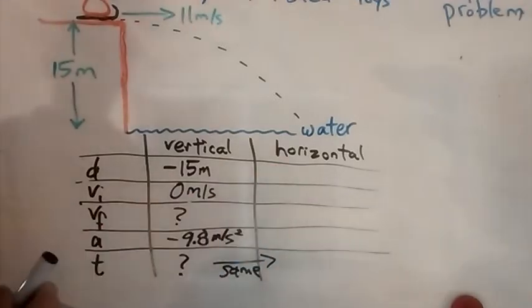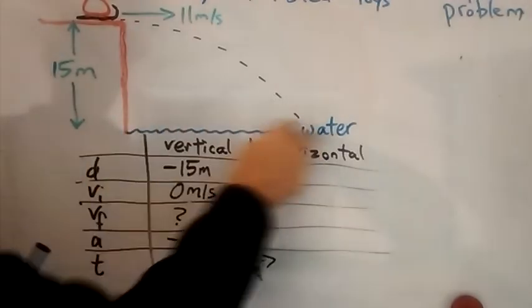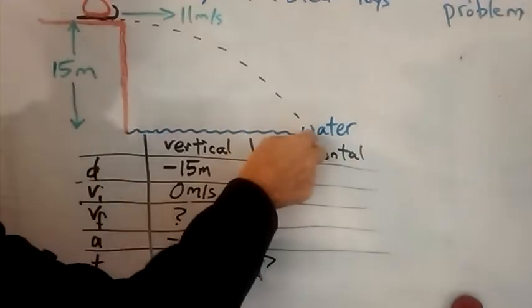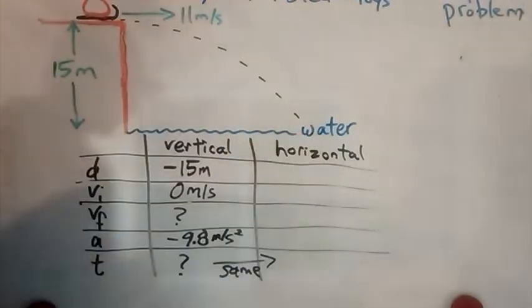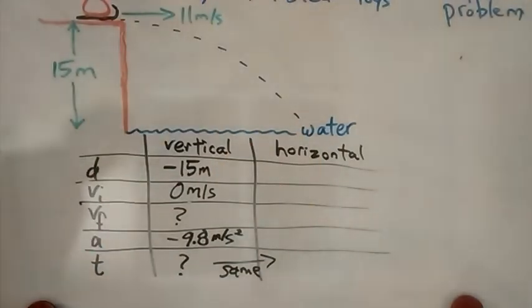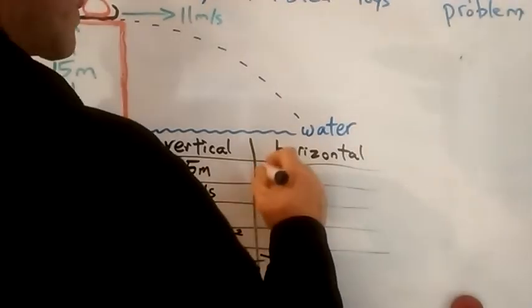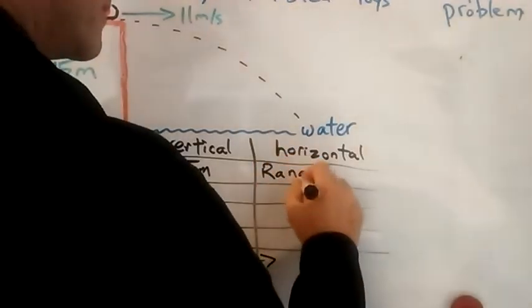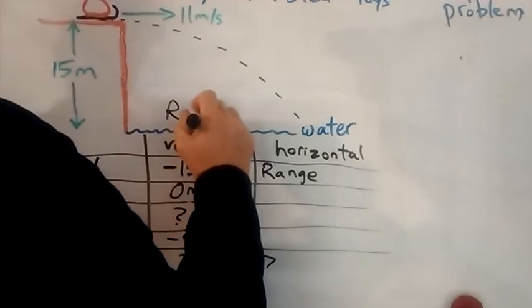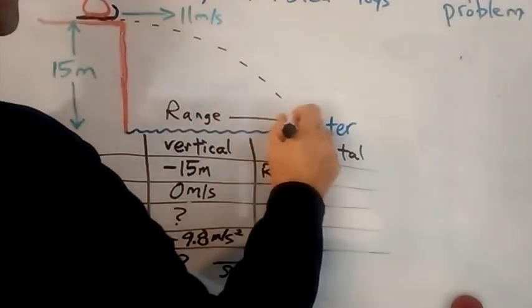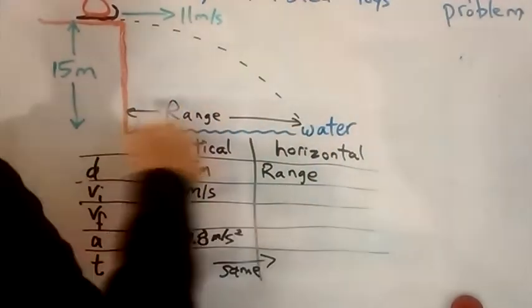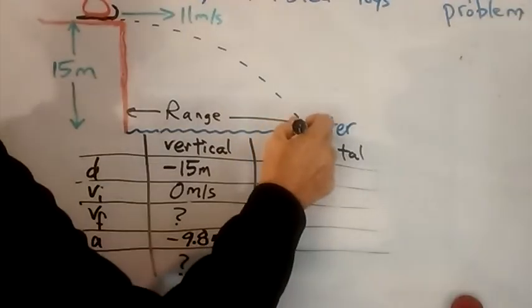Horizontal, the distance that it travels from the cliff to where it hits is called the range. And that range is right here. So from cliff to the point of impact right here.